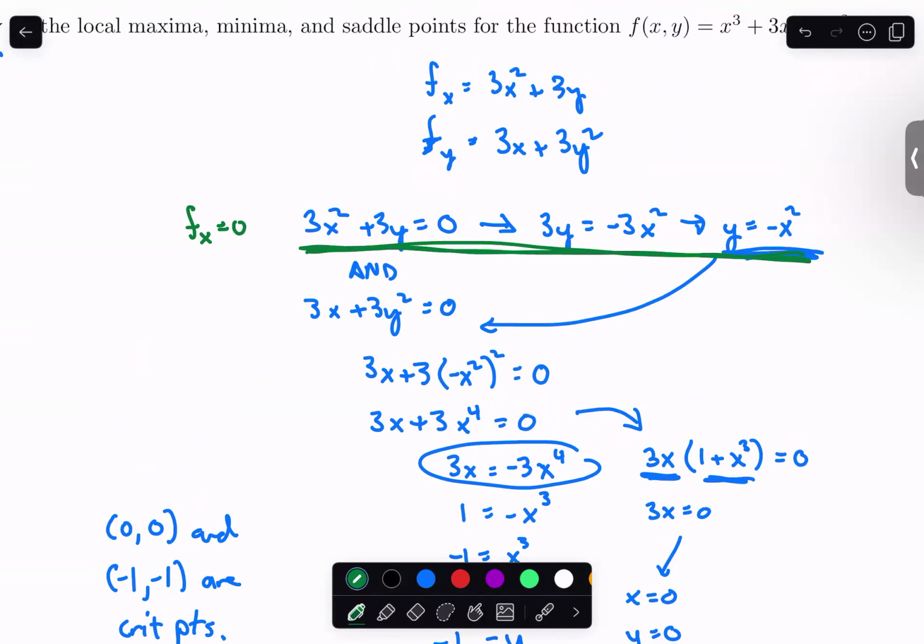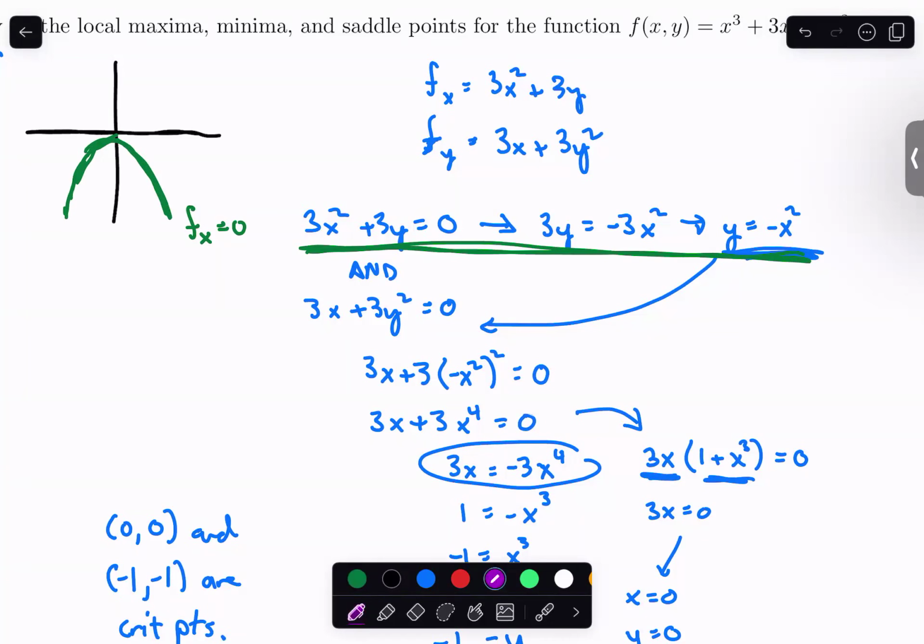So all of this meant that really I need to be on this curve y is equal to -x squared. If I draw this out, all the places where my x derivative is equal to 0 are along this parabola right here.